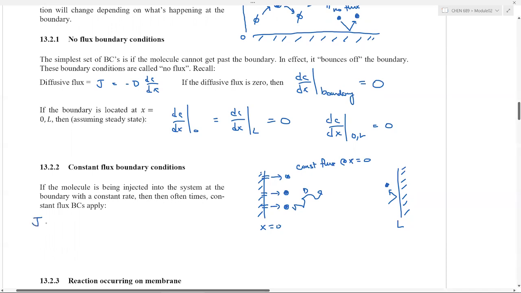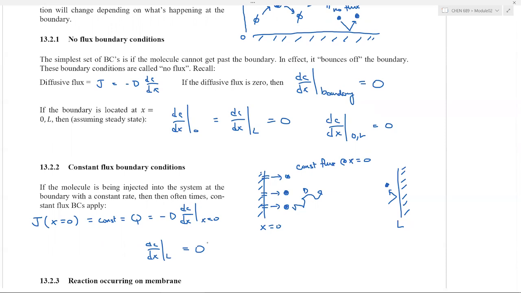So if we have a constant flux, then our flux evaluated at x equals 0 equals some constant, let's call it Q. So you have a boundary condition where negative the diffusivity times dc dx evaluated at x equals 0 is equal to Q. And the other side is dc dx evaluated at L equals 0, because that's no flux. Okay, so we need these ways to constrain our system so that we can actually solve the differential equations.